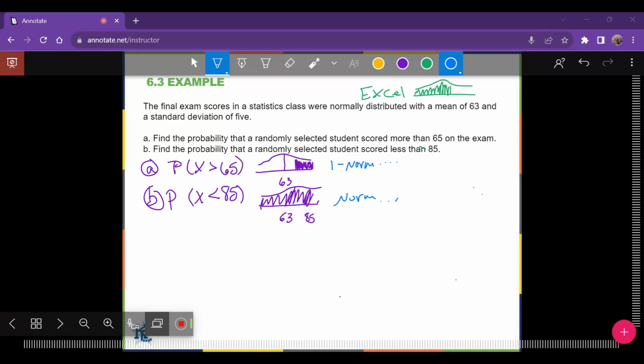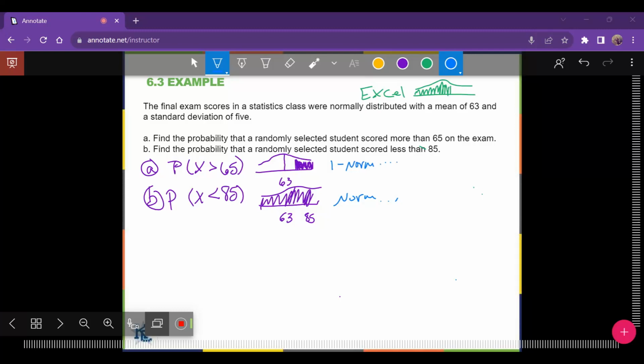So for B, we're going to do normal distribution again. The X in this case is 85 because we're doing less than 85. My mean is still the same, and my standard deviation is the same. And again, we're always doing true.